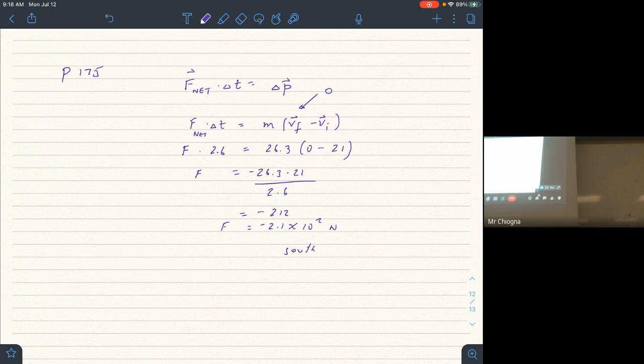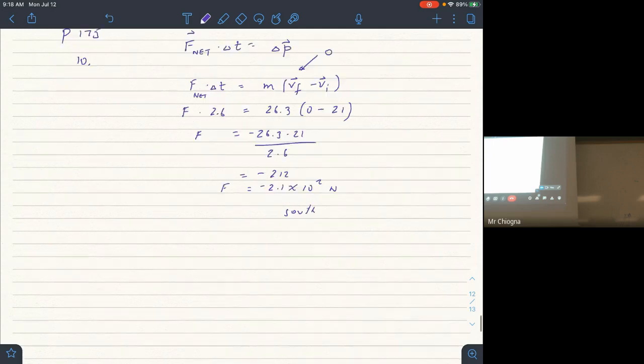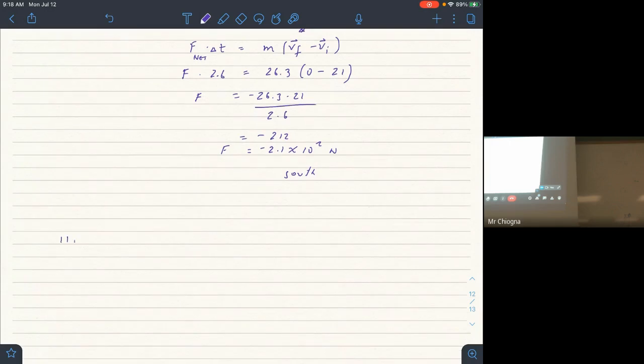We'll take a look at number 11. Keep in mind, this is what you're given on a formula sheet.